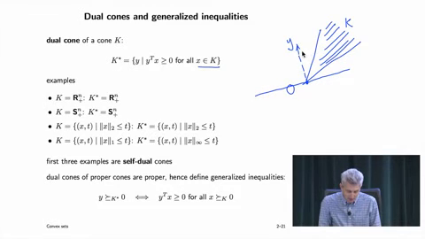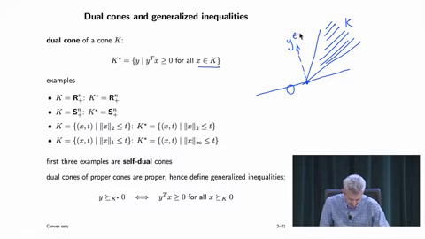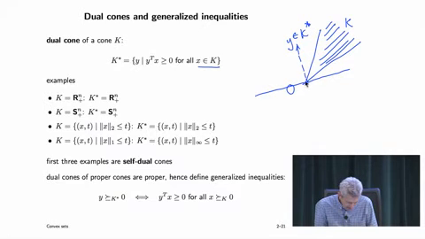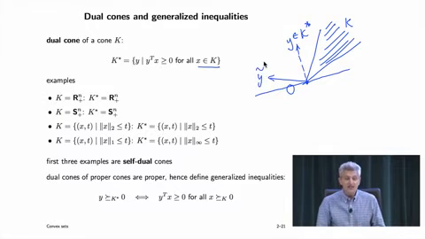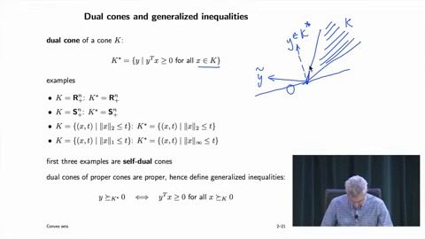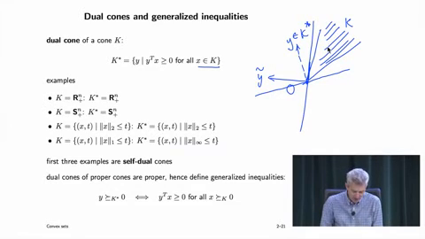That says this point y is definitely in K star. Now, a point like this, let's call it y tilde, is not in K star, and quite emphatically not, because there are tons of points in K that make a negative inner product with y tilde. So that's the picture.